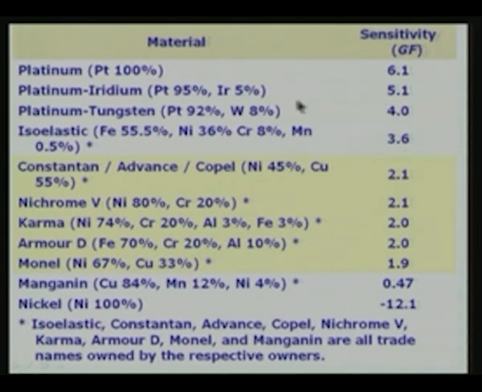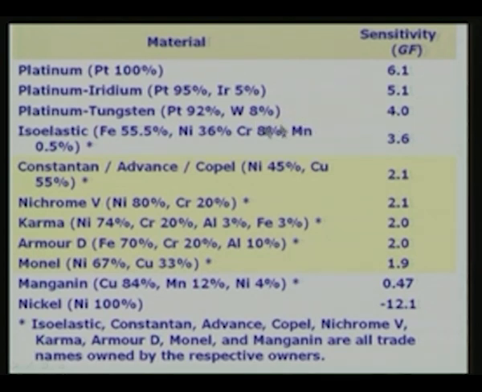Some of these materials you have already seen were also candidates used in thermocouple manufacturing. So, they are also used in other sensors. That is a common feature between some of these materials. Platinum RTD resistance thermometers are made of platinum 100%, and they have a sensitivity of 6.1. Platinum iridium 95%, 5% iridium, 5.1. Platinum tungsten 92% platinum and 8% tungsten, 4.